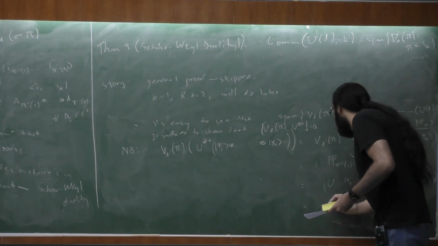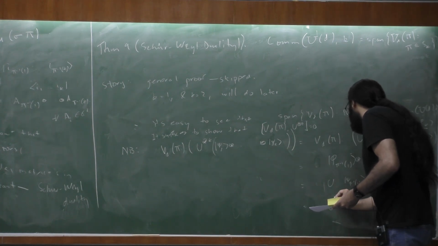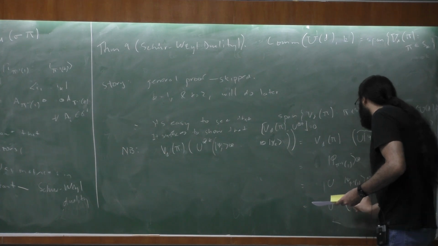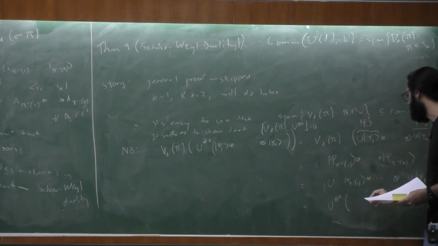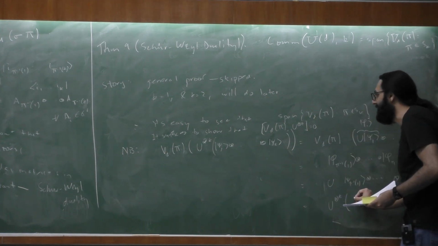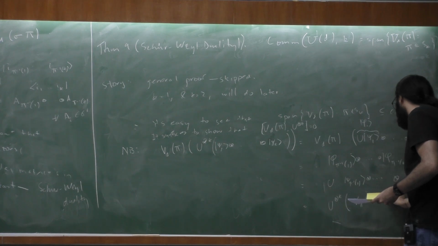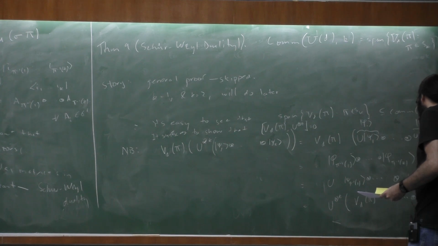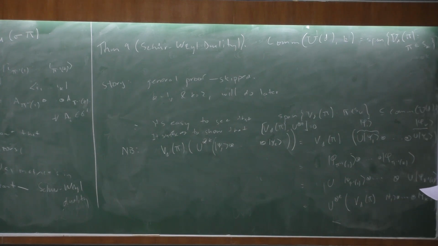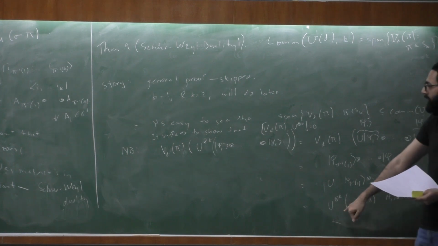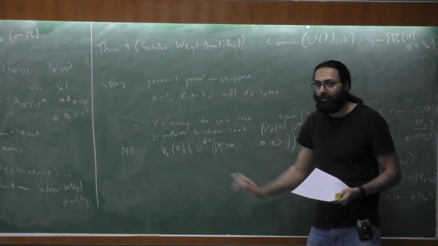And this is just the same as U tensor k acting on the permuted vectors, so what was it called, Vd pi. But that's what we wanted to show, that you can swap the order.